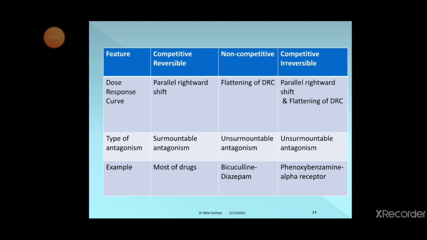Examples: most of the drugs which are antagonists to a receptor are of competitive reversible type, while an example of non-competitive type is bicuculline with diazepam. Bicuculline is a non-competitive antagonist to diazepam, that is benzodiazepine, and phenoxybenzamine is a competitive irreversible antagonist of alpha receptor, and irreversible is also called non-equilibrium type.